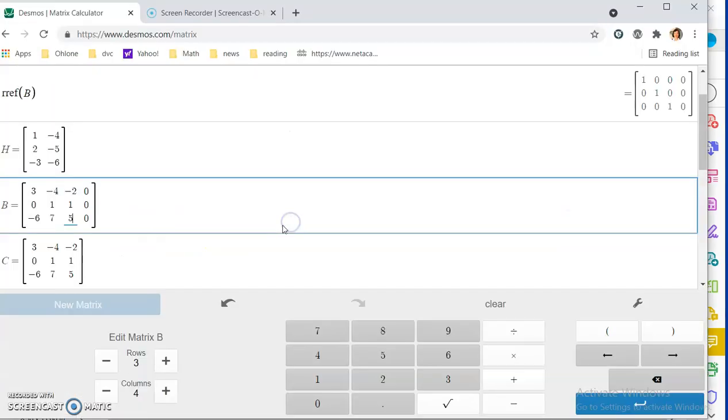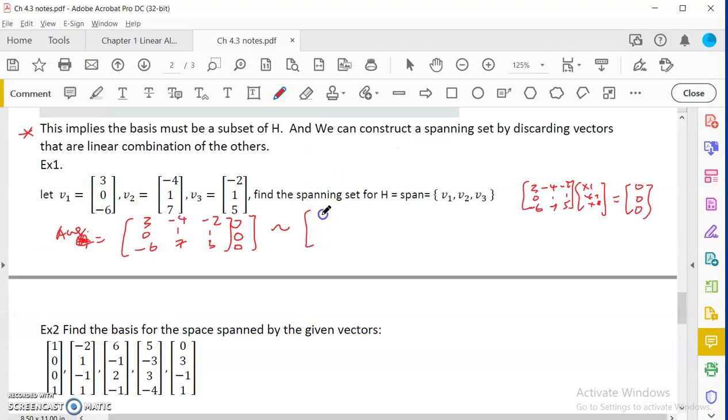And this augmented matrix, if I do the row echelon form, is 1 0 0 0, 0 1 0 0, 0 0 1 0. So it is only the trivial solution, right? So these are the bases for the span.